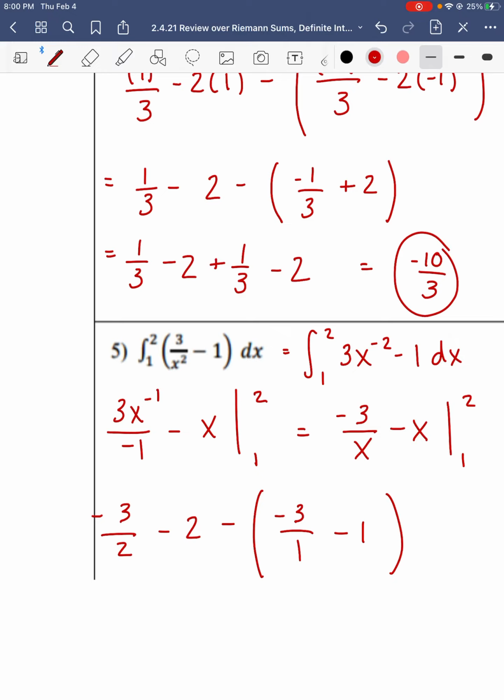So the negative 3 minus 2, that would be negative 7 over 2. Negative 3 minus 1 would be a negative 4. Then minus negative 4 becomes plus 4, which is really 8 over 2. So 1/2 would be our answer.